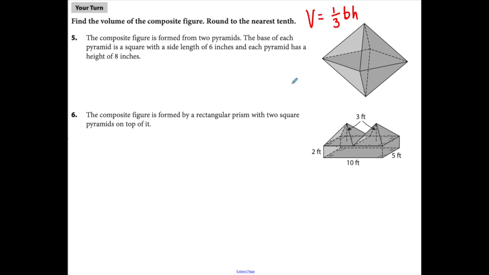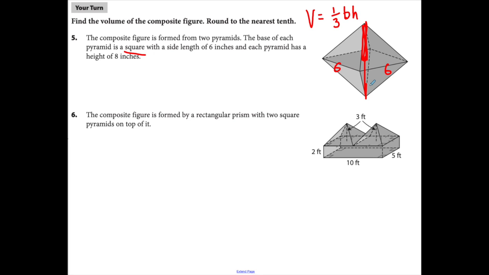In this case, the base of each of these pyramids is a square with a side length of 6 inches, and each of the pyramids has a height of 8 inches.